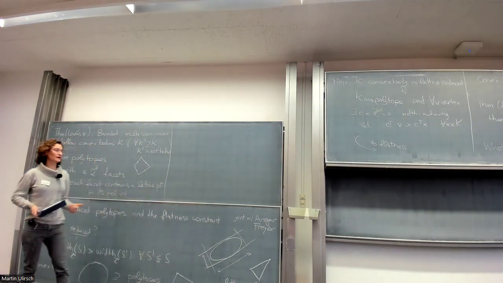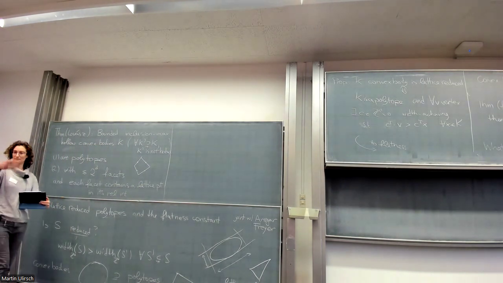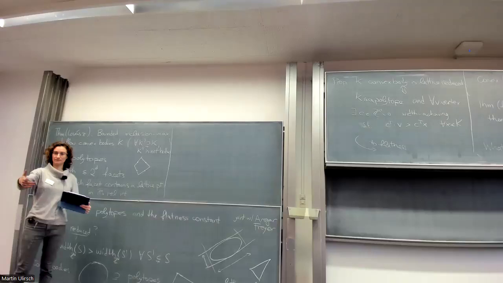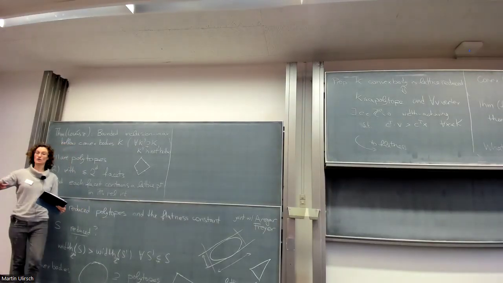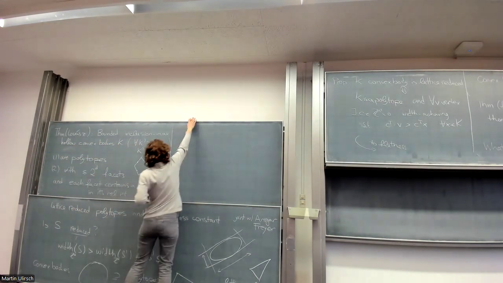You can also go the other way around. You can say, well, if you have something of your maximum width, you have something contained in there which is lattice reduced.